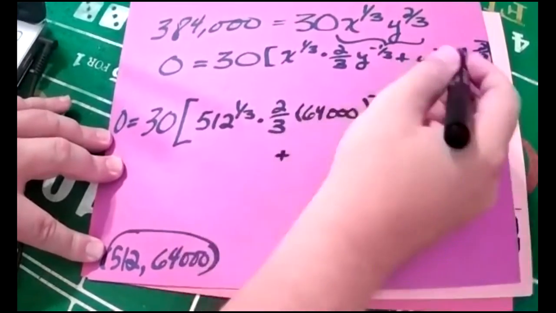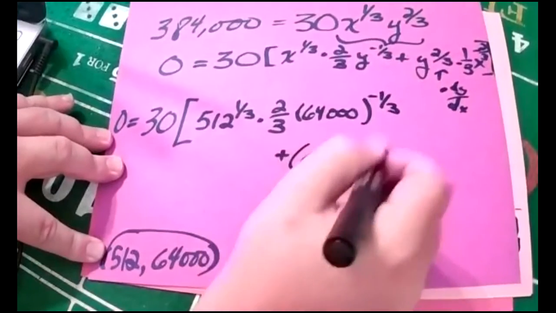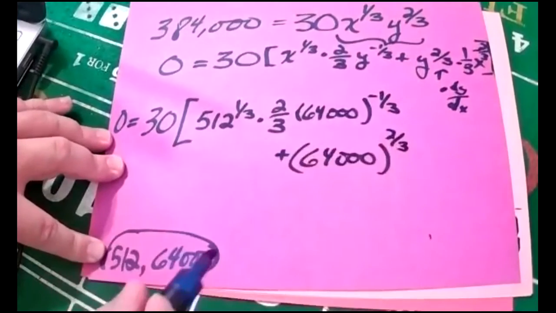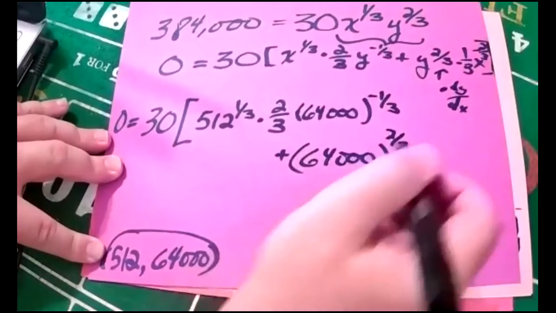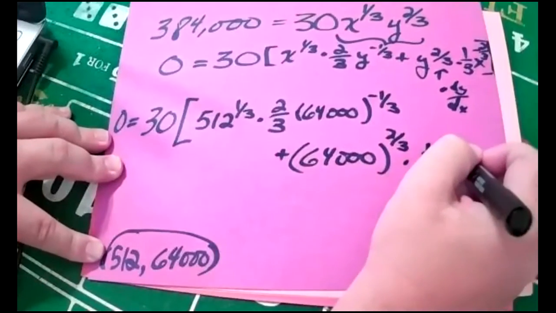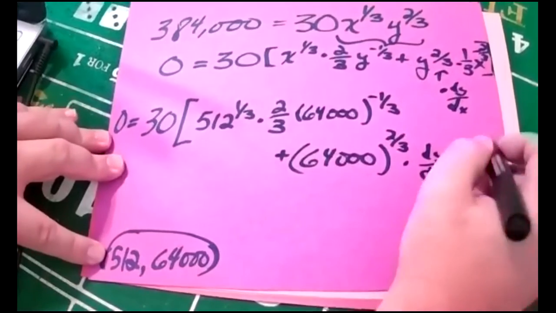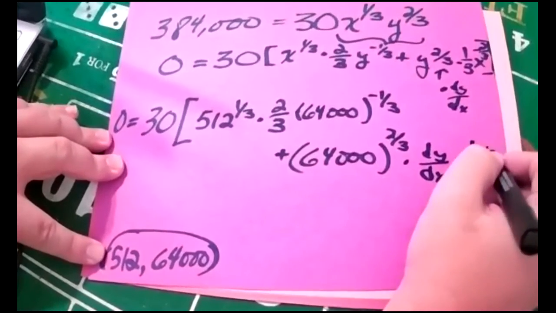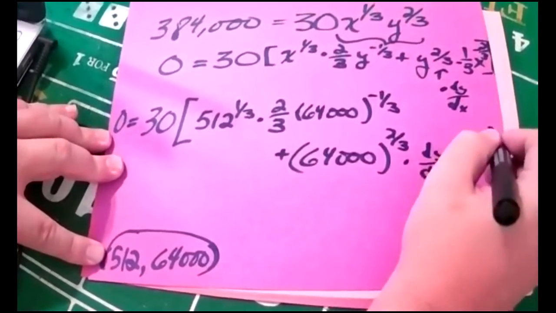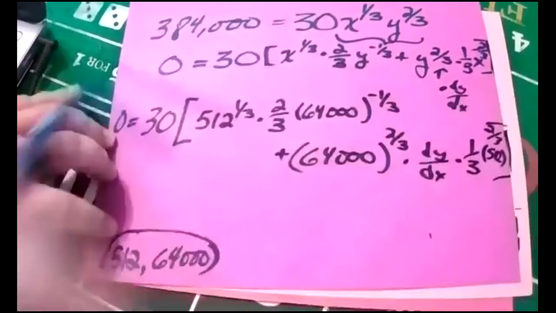Plus y to the 2/3, which is 64,000 to the 2/3, times dy dx, times 1/3 x, which is 512, to the 2/3. And then of course close the bracket.